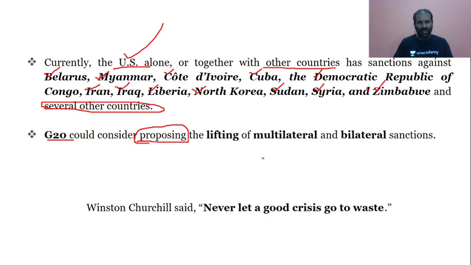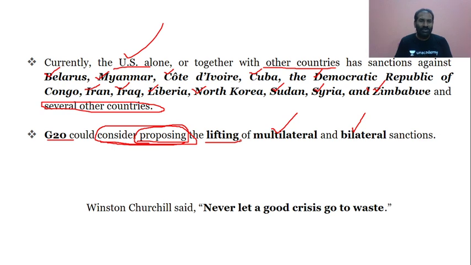So the G20 has considered a proposal: the lifting of multilateral and bilateral sanctions. And this is the need of the hour. Please do understand why I have taken so much time to make you understand the keyword sanctions, because that was mainly proposed in the G20.